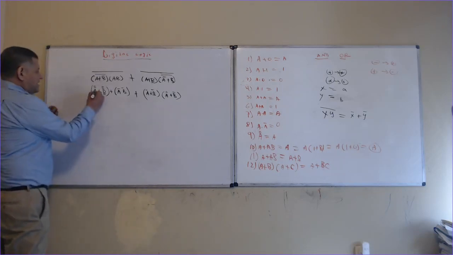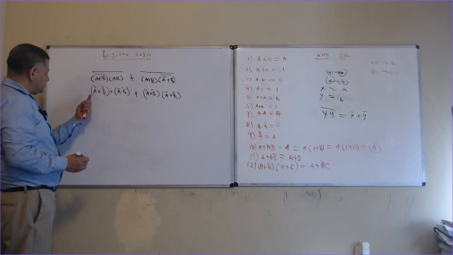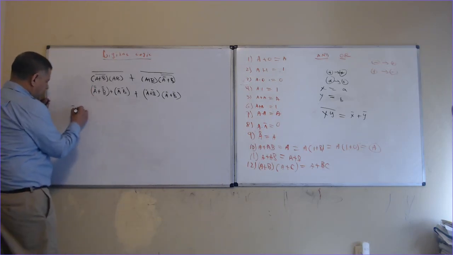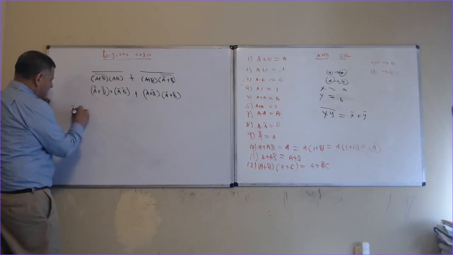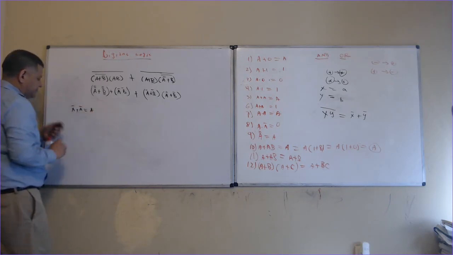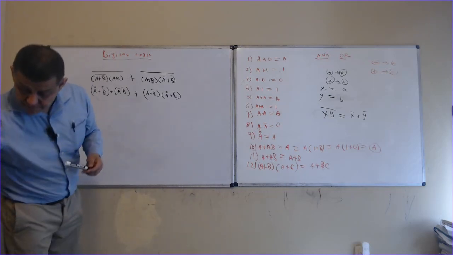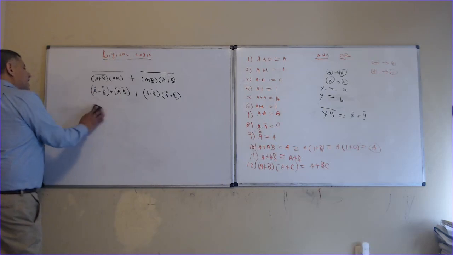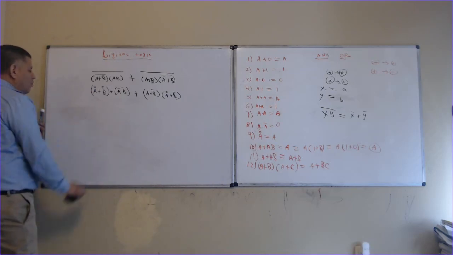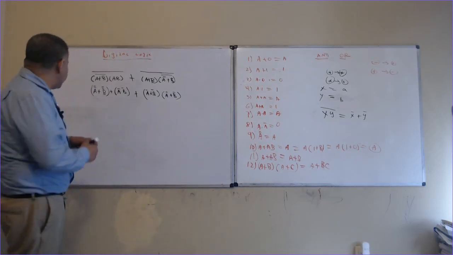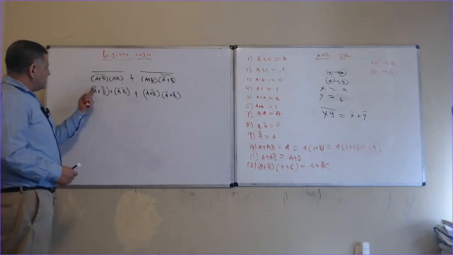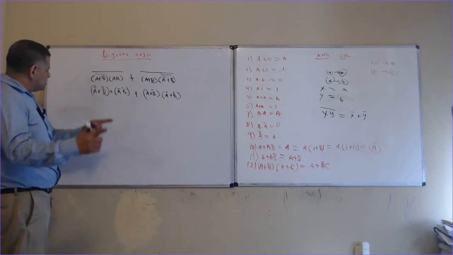This right here becomes what? Becomes A, because A dot A is equal to A. But if I am negating this, you can think of it that way too: two negatives become a positive.